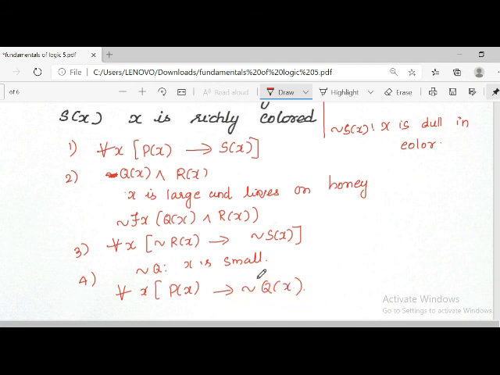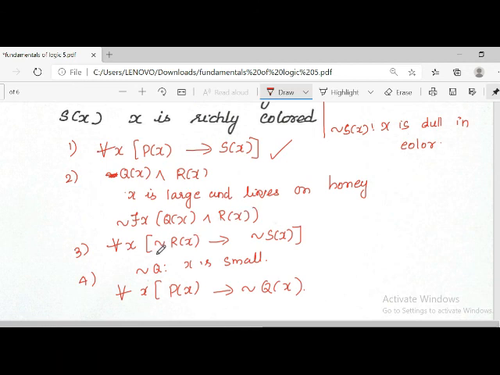So therefore the first statement is for all x, P of x implies S of x, so they are richly colored. The next one is no large birds live on honey. X is large and x lives on honey means Q of x intersection R of x. So the negation of that statement is negation, there exists x, Q of x intersection R of x.